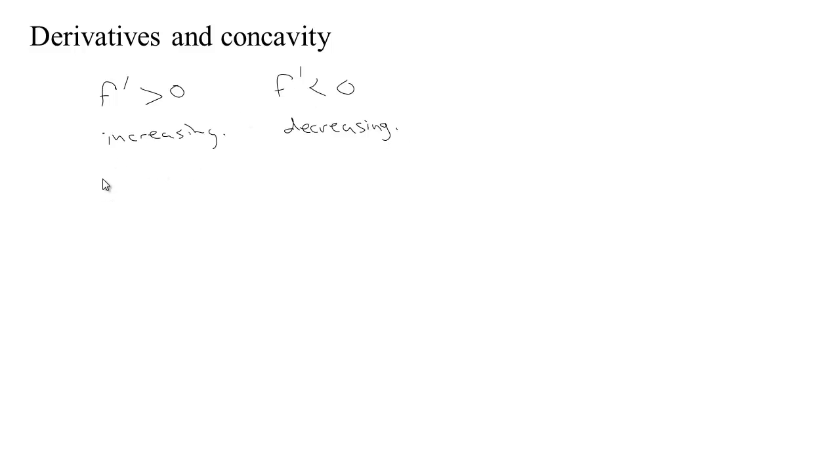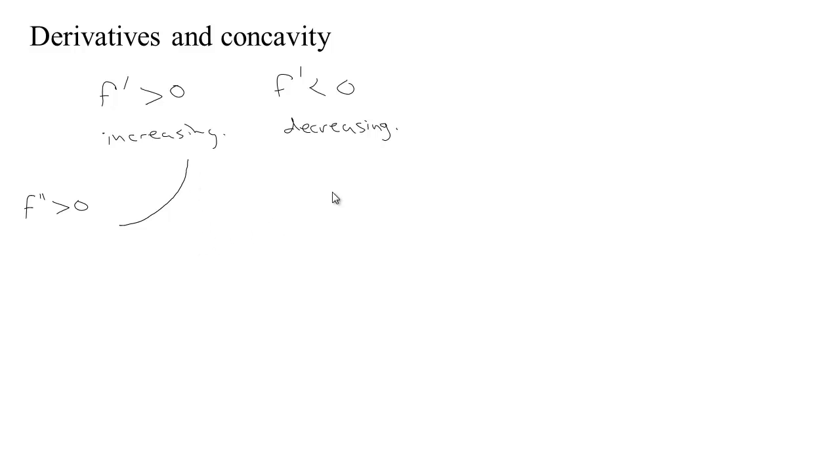Now, if the second derivative is positive, that means that the slopes are going to be increasing. So in this case, we would be moving up and getting more and more slope. So we'd see something like this, right?